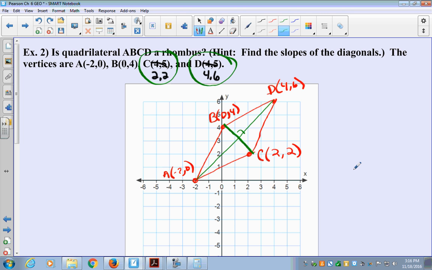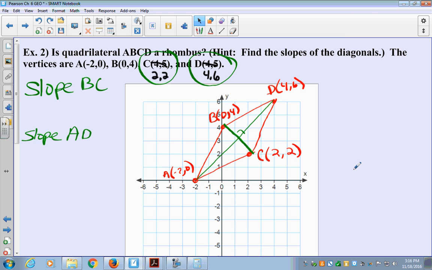So we are going to find the slope of BC and the slope of AD. And I write this down so that I can keep track. If I'm not keeping track, then it's easy to get lost in the flow of stuff.